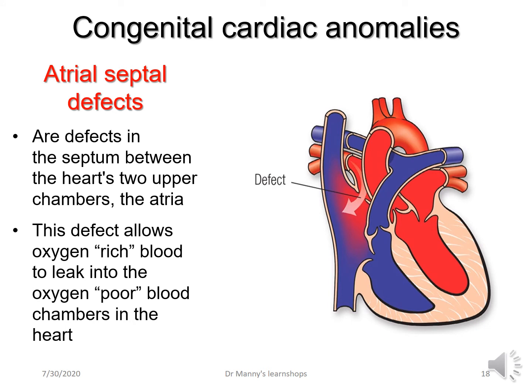If we look at some of the more common congenital cardiac anomalies which adults can have, they can be misdiagnosed or they may not be diagnosed until they get older in life and have some of the consequences associated with some of these congenital cardiac anomalies. So let's look at one of the more common ones, atrial septal defects. The defect in the atria is between the heart's two upper chambers, the atria, the right and left.